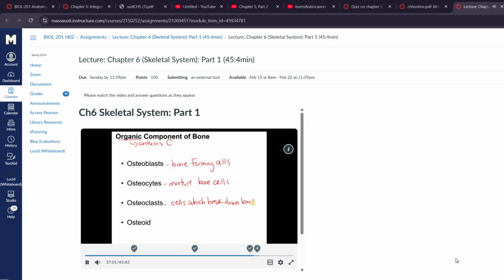Now lastly, you have osteoid. Osteoid is actually the organic part of the matrix. Remember, the matrix is made of ground substance and collagen fibers. The osteoid gives bone its flexibility. That means, you know, it allows a little bit of bending. It allows the bone to resist breaking when it's twisted.